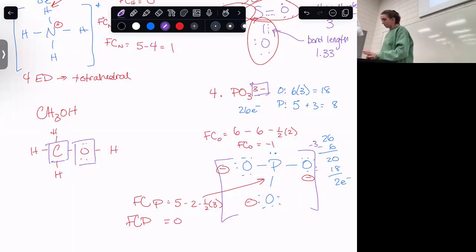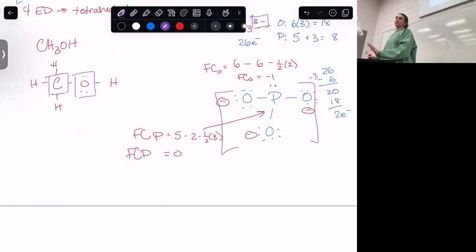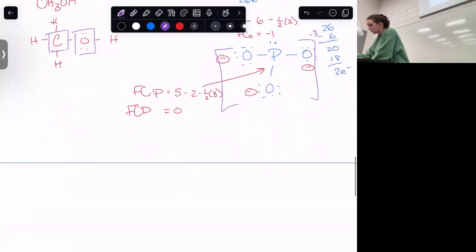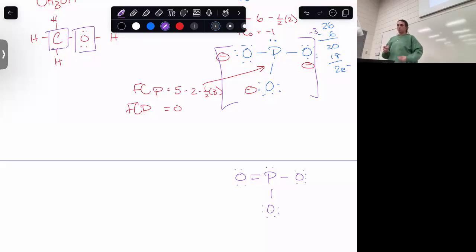Is there something else I wanted to talk about? Yes. So you could have said, oh, that has a -1 charge. Maybe I can draw a resonance structure for PO3. So we could say P, and we'll make this one the double bond on the left-hand side.